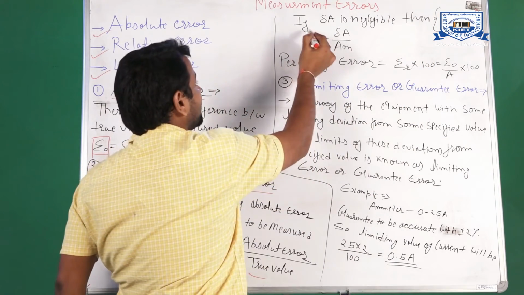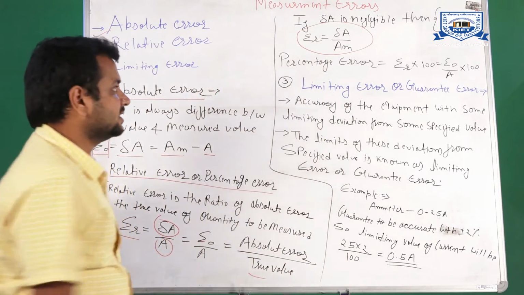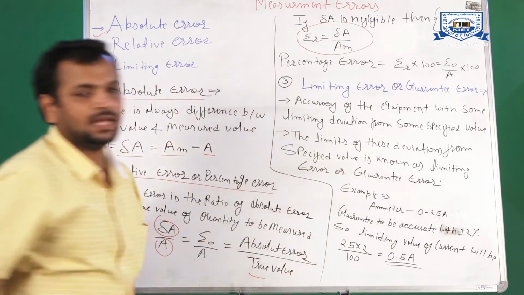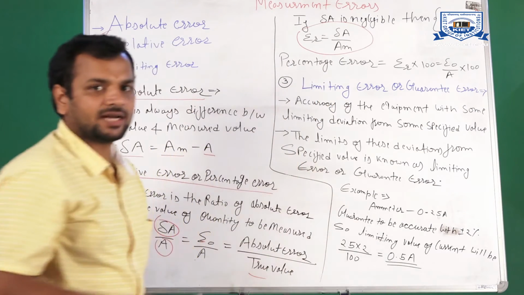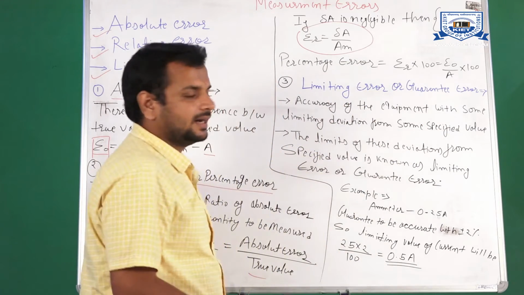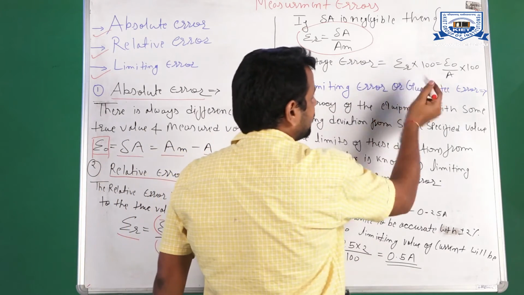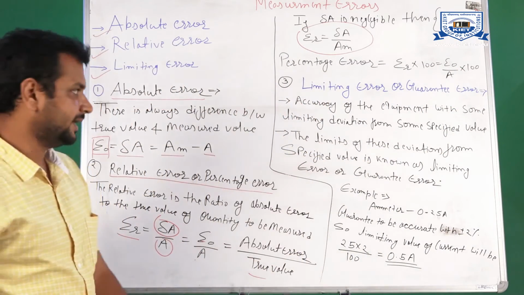Now the percentage relative error can be found by multiplying the relative error by 100. So it can be written as epsilon r into 100, or epsilon naught by A into 100.